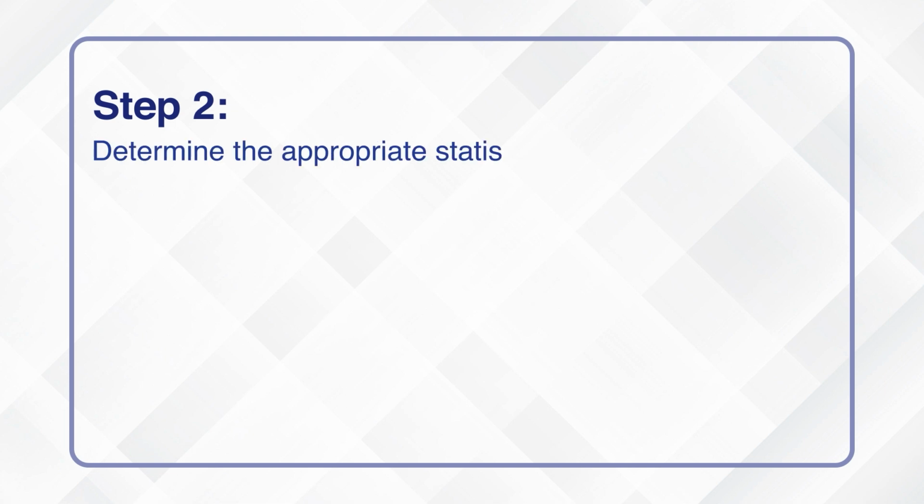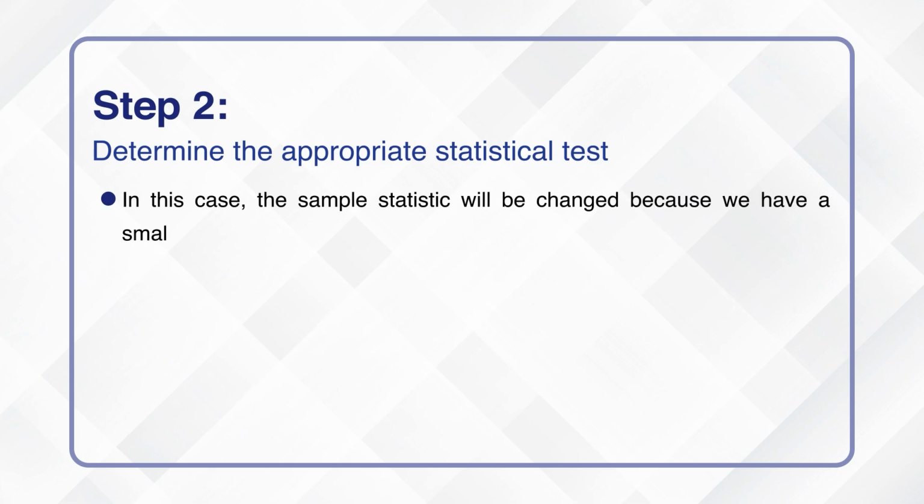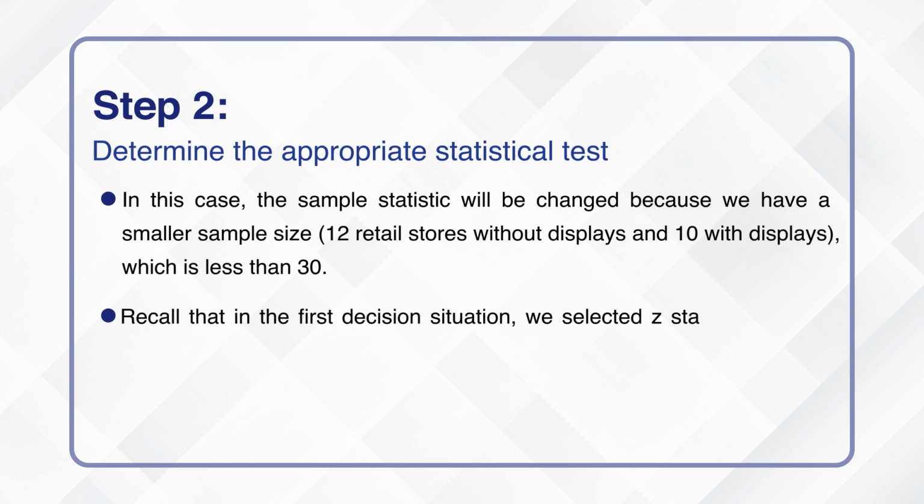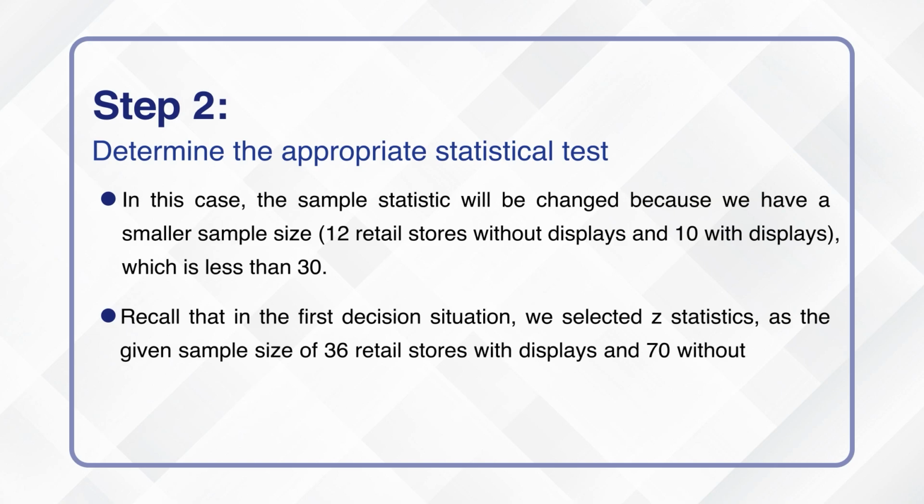Now, determine the appropriate statistical test. In this case, the sample statistics will be changed because we have a smaller sample size: 12 retail stores without display and 10 with display, which is less than 30. Recall that in the first decision situation, we selected Z statistics as the given sample size of 36 retail stores with display and 70 without displays was greater than 30.